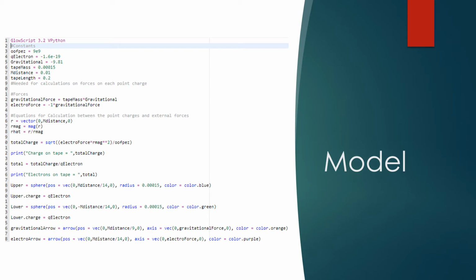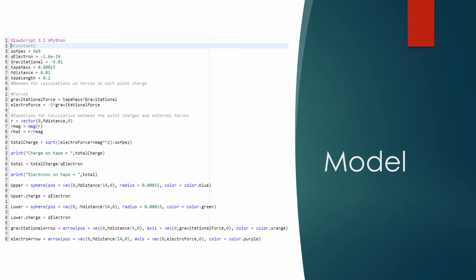In the top right of the code, I laid out the constants used in the computational model, which are the K value, the electron value, the gravitational value, the mass of the tape in kilograms, the float distance, and the length of the tape in meters. After that, I calculated the forces needed for the model, those being the gravitational force and the electric force.